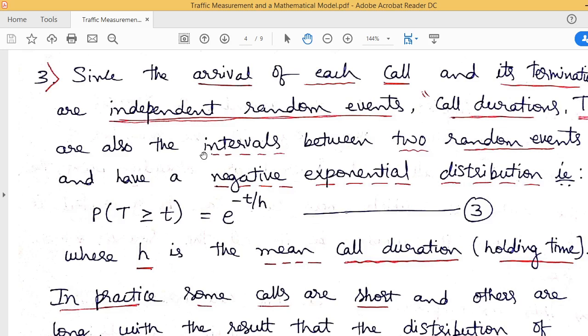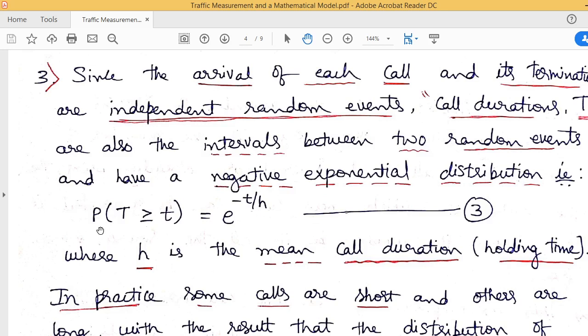This is also the interval between two random events. We are considering call termination as well as call arrival as random events. Between these two random events, the duration is going to satisfy a negative exponential distribution.